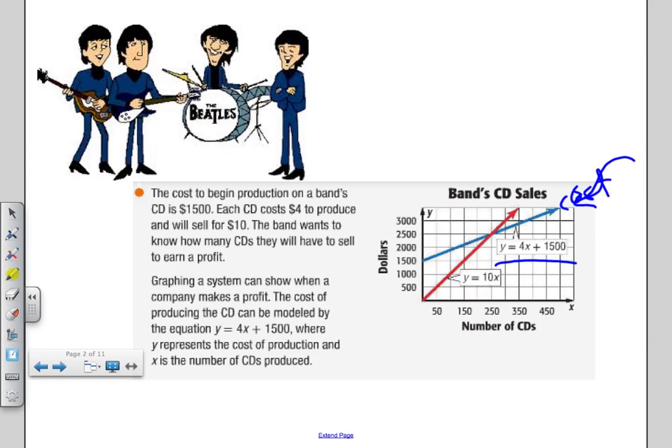And y equals 10x is they make $10 on each CD that they sell. So the red line is how much money they make. Where they intersect right here is the solution of the system of equations, and that is the magic number where their costs have met their earnings, and from that point on they would have a profit. So that's how you might use a system of equations.